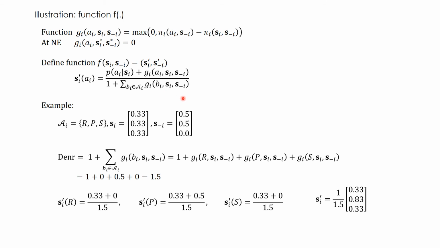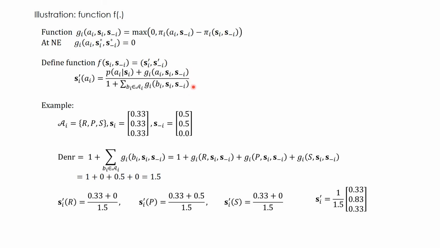So let's look at the denominator. The denominator is equal to 1 plus the summation over all actions. So 1 plus G_i for R plus G_i for P plus G_i for S, which is 1 plus 0 plus 0.5 plus 0, which is 1.5.